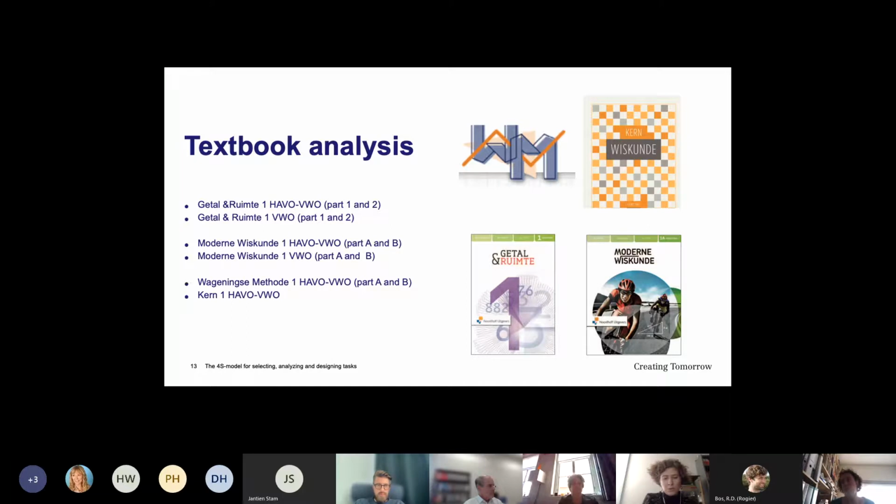I think we know these are the notorious ones, so to speak, for Dutch education. Getal en Ruimte, Moderne Wiskunde. And also I studied Wageningse Methode and the new textbook series Kern, which actually advocates itself as a textbook series that uses a lot of history of mathematics. So I went through these books and I looked at the different shapes and content that was presented there. And I'm showing you some examples.